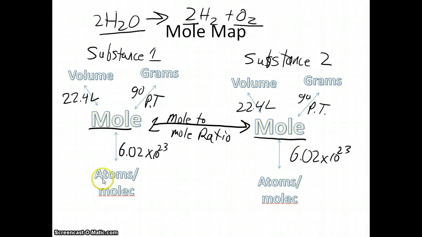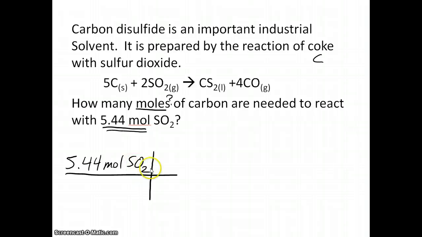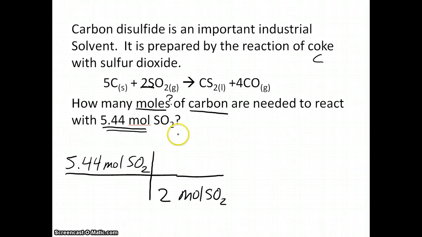We've got 5.44 moles of SO2. So let's think of our mole-to-mole ratio and cancel accordingly. Moles of SO2 needs to go on the bottom. For every 2 moles of SO2, we need, what are we trying to convert into? We're trying to convert into carbon. We need 5 moles of carbon.